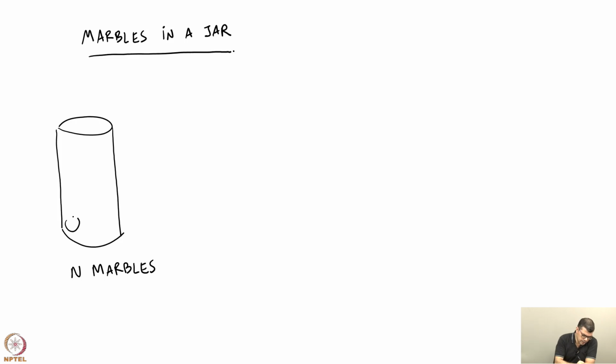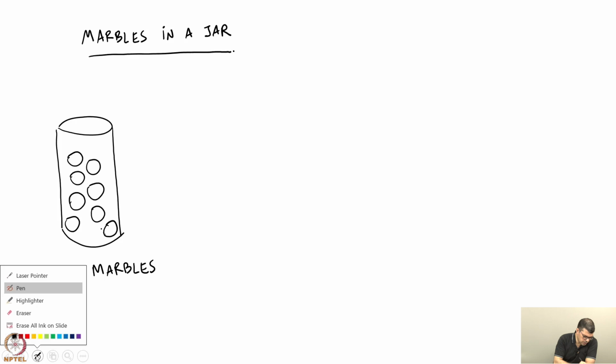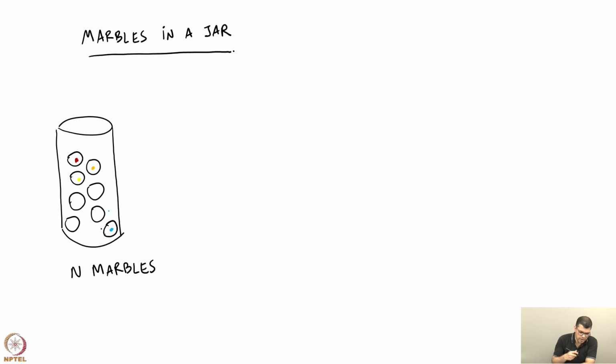So, let us just say this is a marble, and in all there are n. Each is of a different color: red, orange, and so on and so forth. So, every one is a different color. That is our starting point.